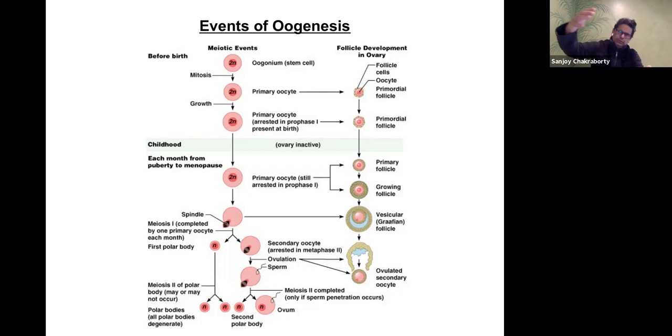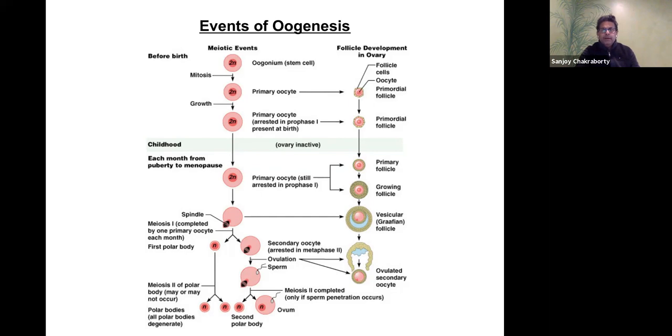When they reach millions of oogonia, all of them together, this is important to understand, all of them together undergo meiosis. So initially mitosis to reach the number of millions, then all million oogonia undergo meiosis at the same time.